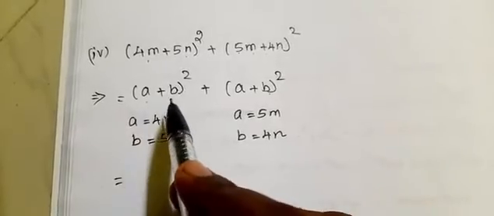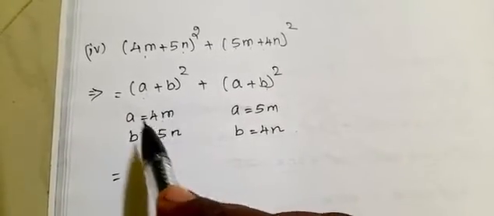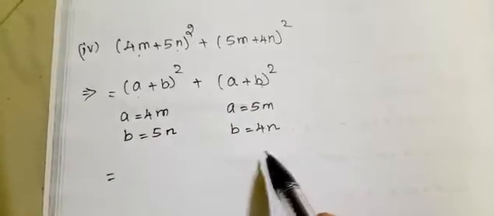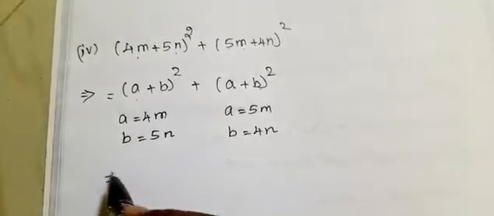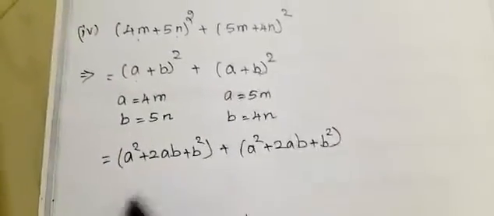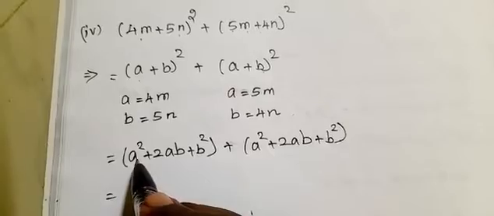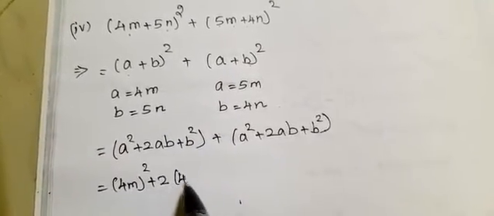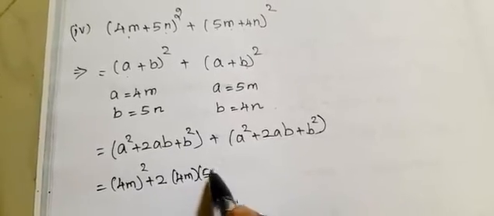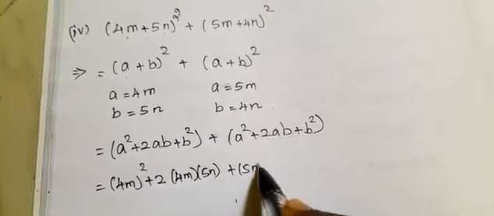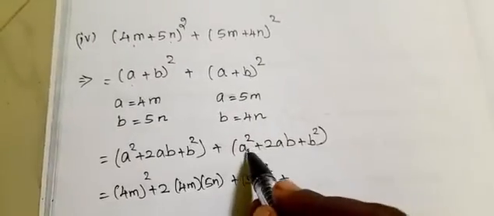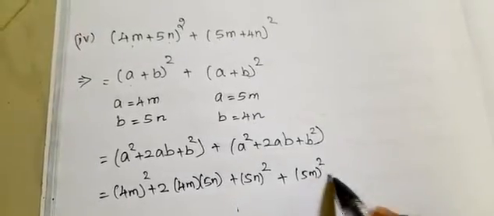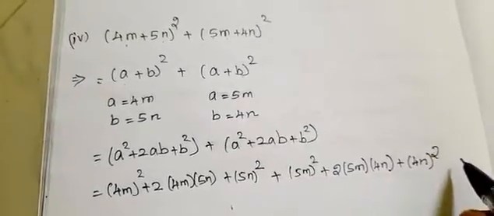So let's substitute these a and b values in the expansion of this identity. The expansion of (a + b)² is as shown. So here the a value is (4m)² + 2·4m·5n + (5n)², plus, for this expansion we have to substitute a as (5m)².